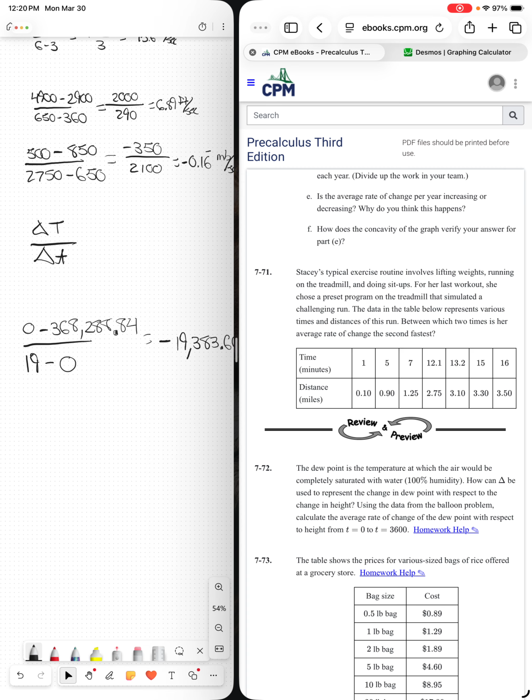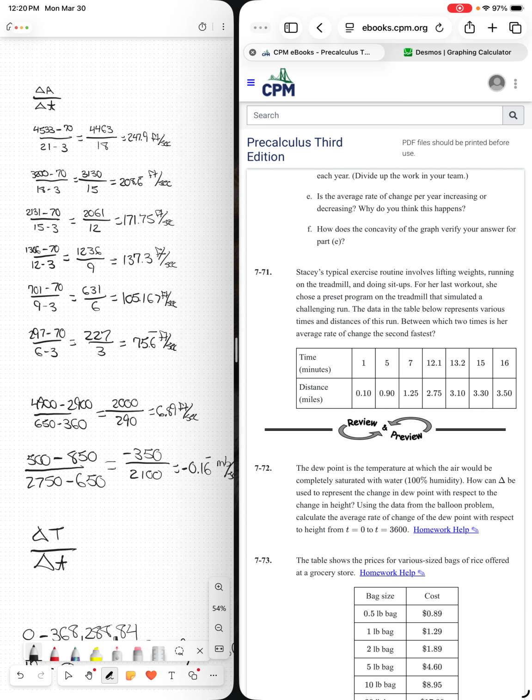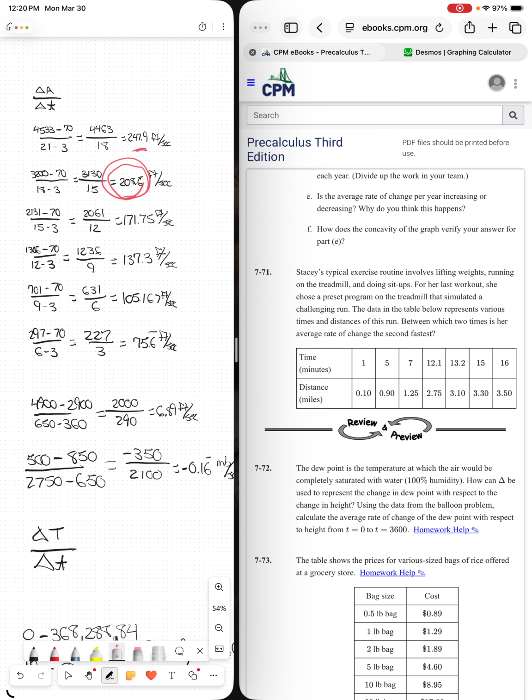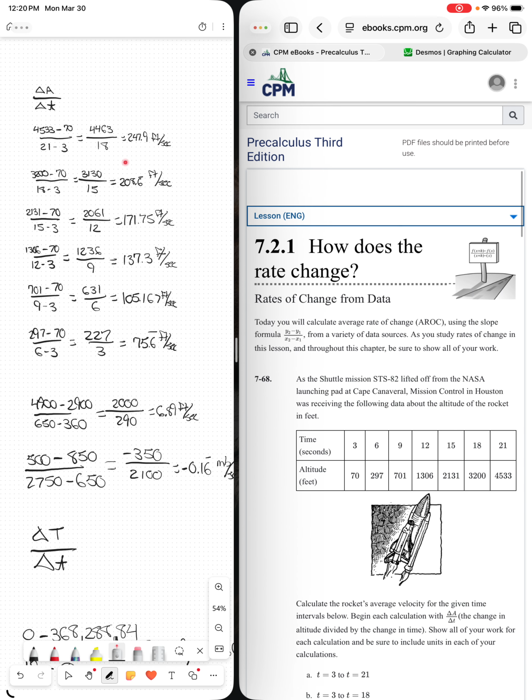So again, it's going to look like a ton of rates of change for each one of these, and then you would just go, okay, which one's the fastest? That one? Well, then this one is the second fastest, right? So that's what you're doing there. That would be a good practice problem for you to do on your own, but this is lesson 721.